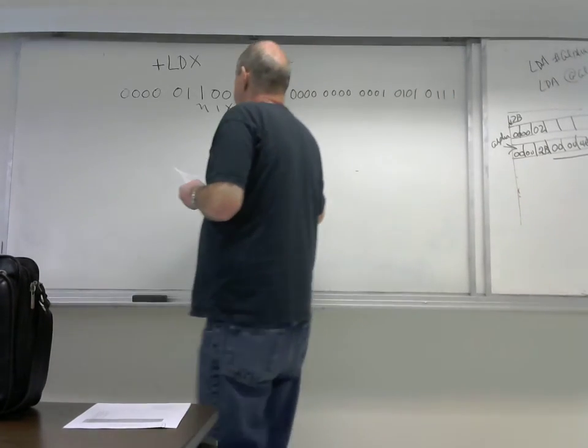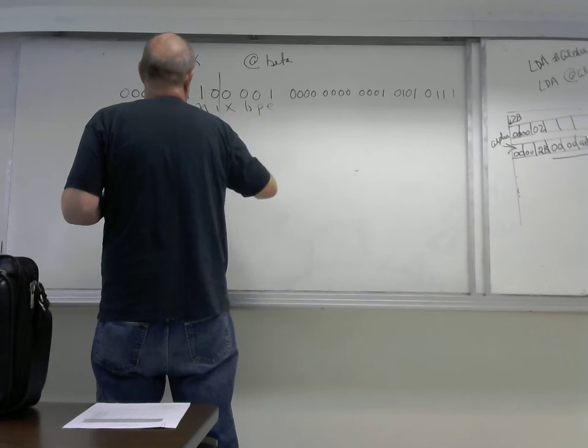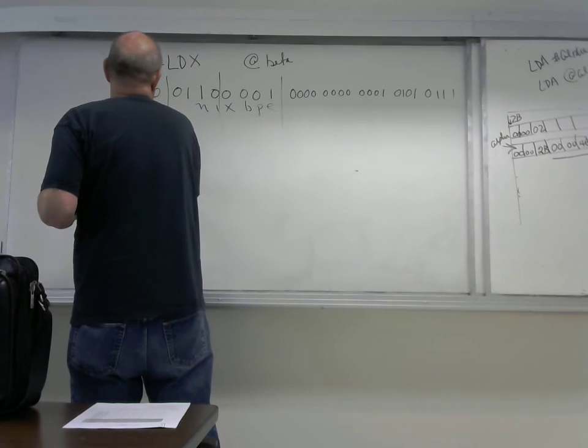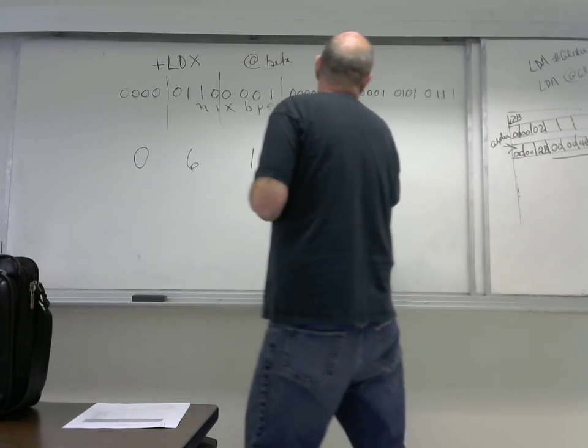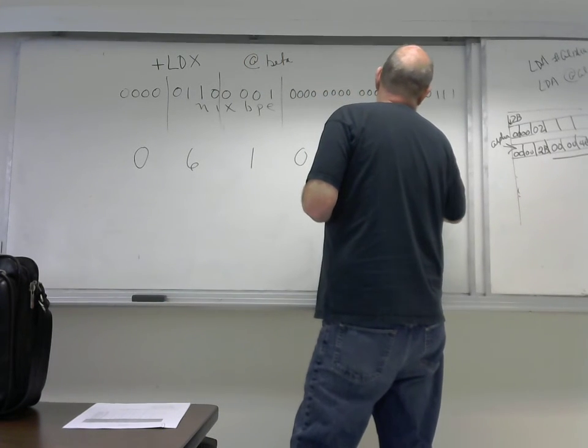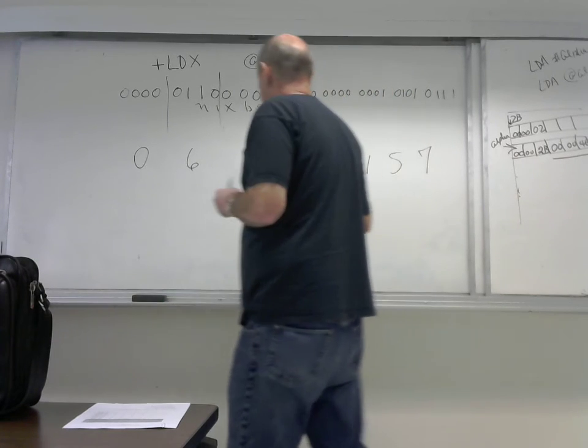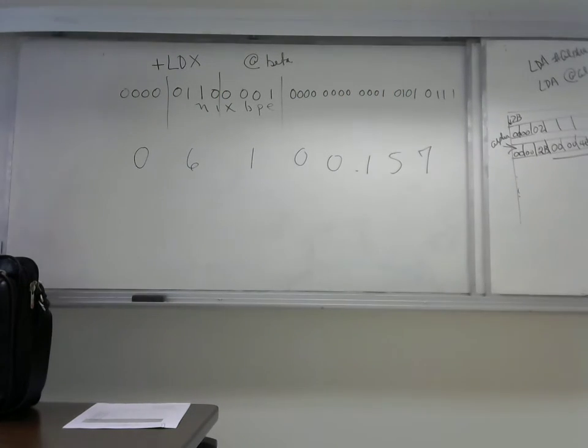Then regrouping, we have 0, 6, 1, 0, 0, 1, 5, 7. So it's 8 hex digits, 32 bits.